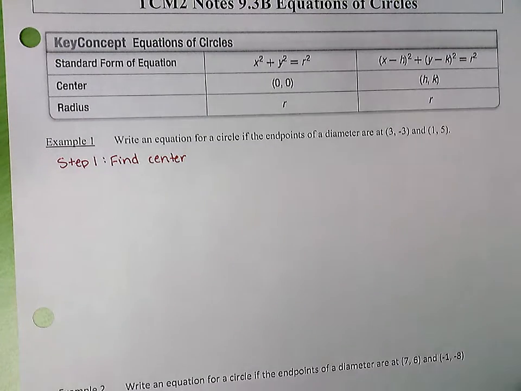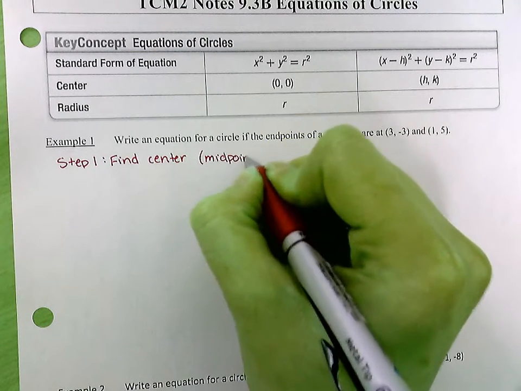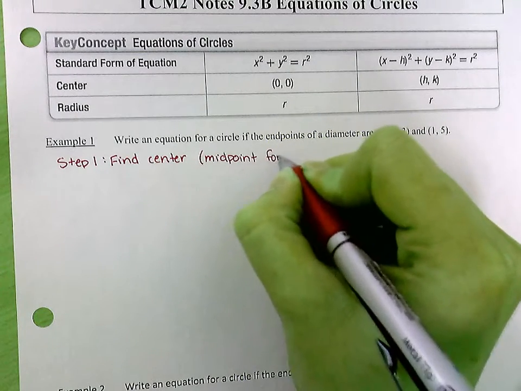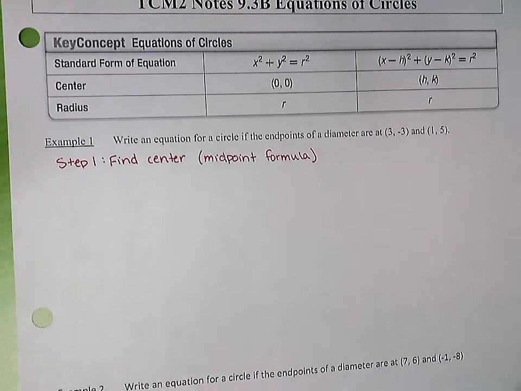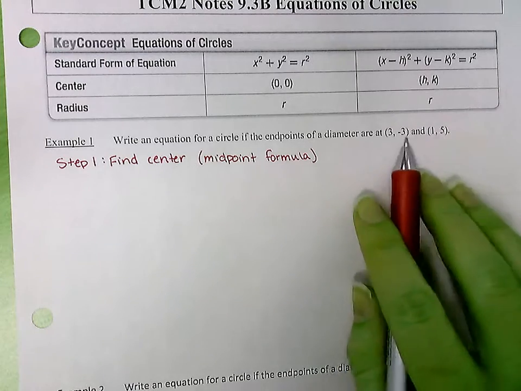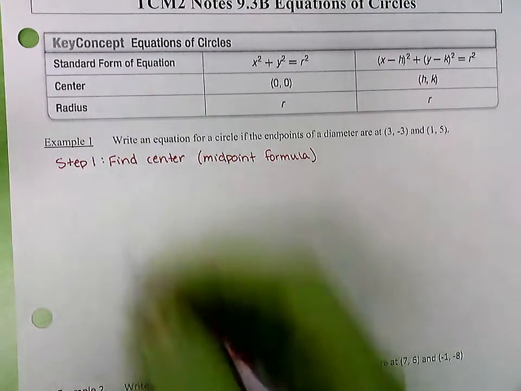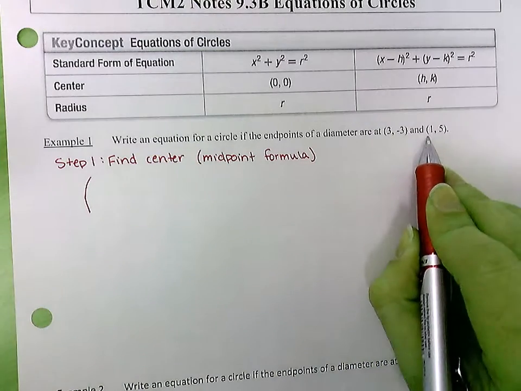Okay, to find the center, we're going to use the midpoint formula. Okay, so that's what we did in the first section of chapter 9. We used that midpoint formula. So in order to find the center of our circle, that's what we're going to use with our two endpoints of that diameter. Okay, so we'll take our x values in each point and add those together.